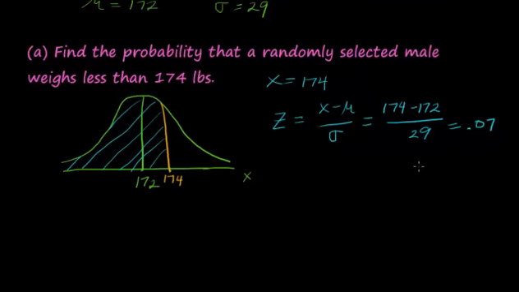Now we'll use our calculator to find the probability. So let me get some notation down here so I know what I'm doing. I want the probability that x is less than 174. To do that, I'm going to find with my calculator the probability that z is less than 0.07.